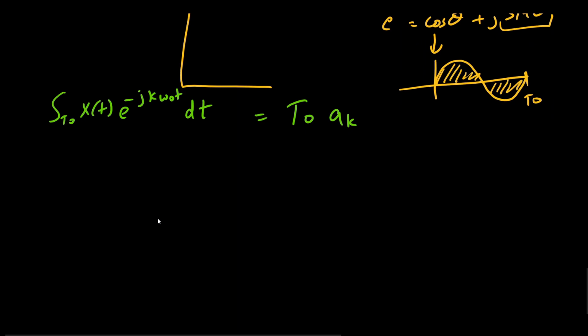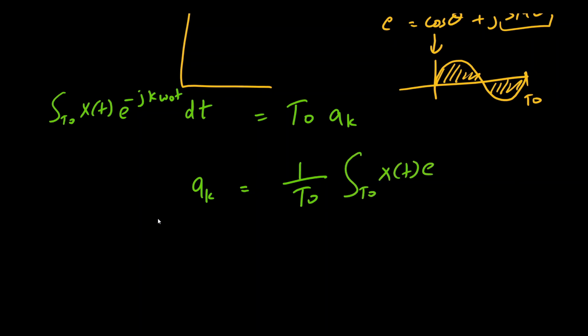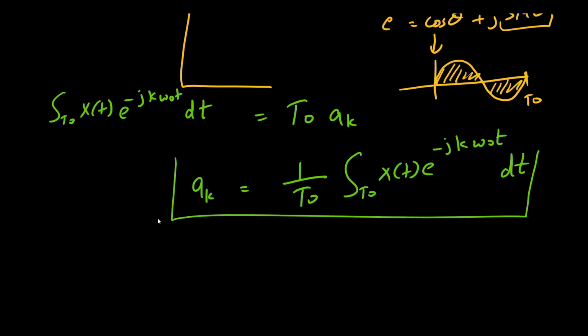So therefore our analysis expression, that is a k, is simply 1 over t naught times the integral of x of t e to the minus j k omega naught t dt.